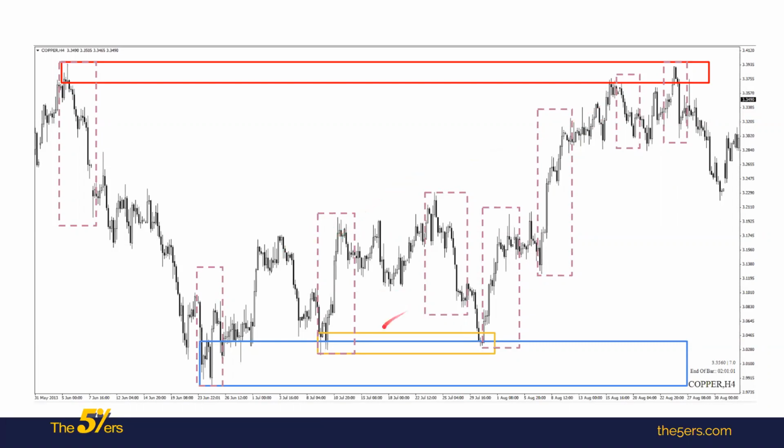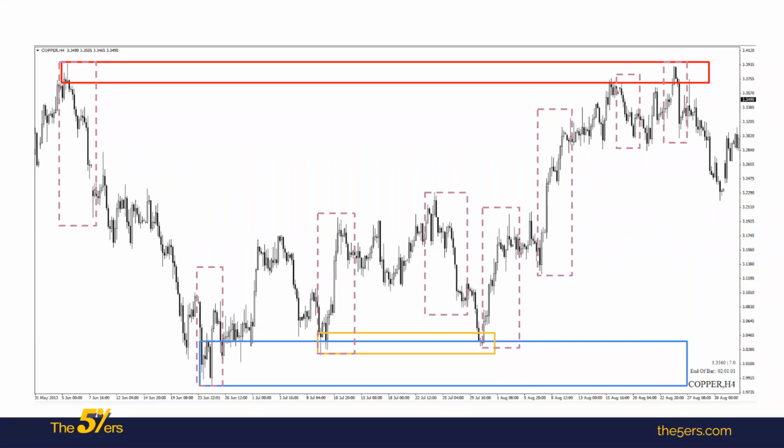So we can see that price is going between this demand and this supply. Okay, and price pretty much accurately is responding and reacting, at least on the first visit. So this would be the highest probability trade for you. In supply and demand terminology, we call it an untouched zone, or fresh demand or fresh supply.